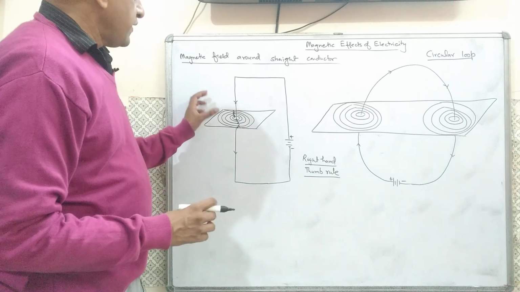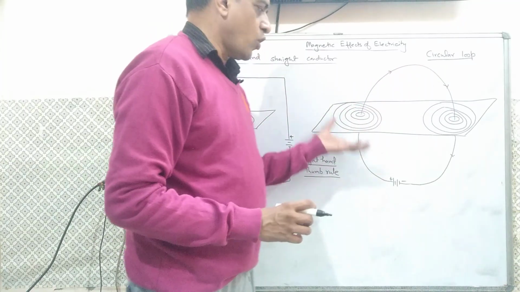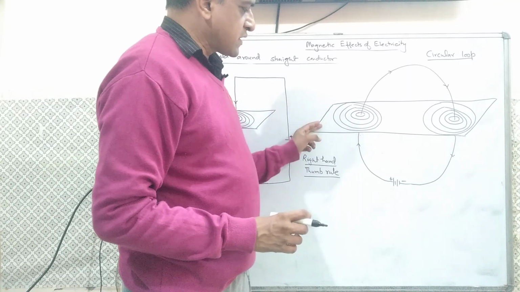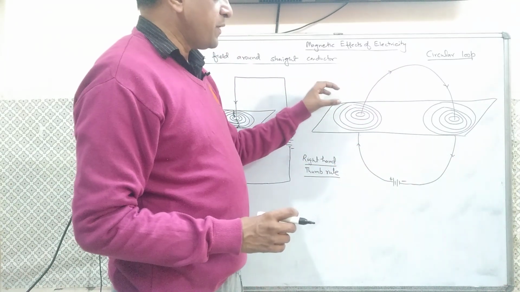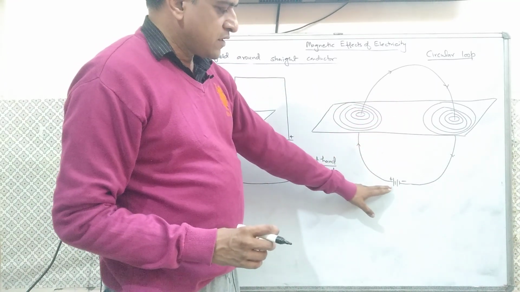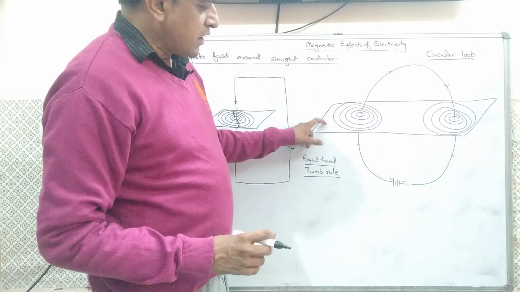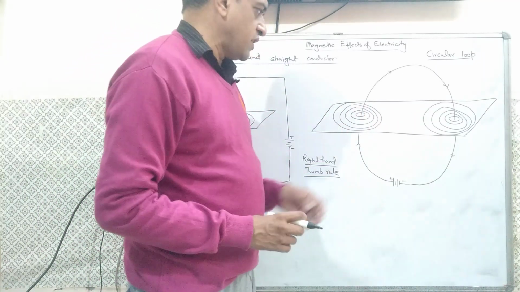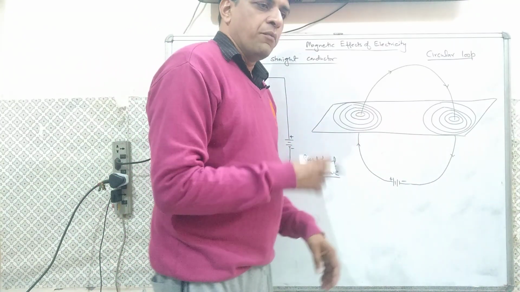Now similarly, if the magnetic field around a circular loop is observed, there are two parts of this cardboard where this wire is passing. He sprinkled the iron filings on both sides, and after the circuit is closed, the cardboard is again tapped, and again there are two concentric rings. According to the right hand thumb rule, we find the direction of the magnetic field.